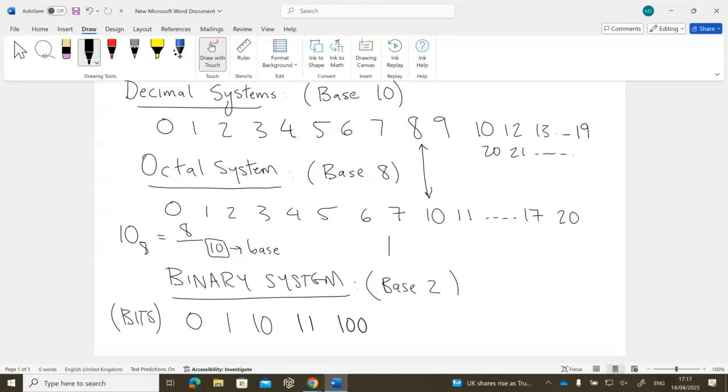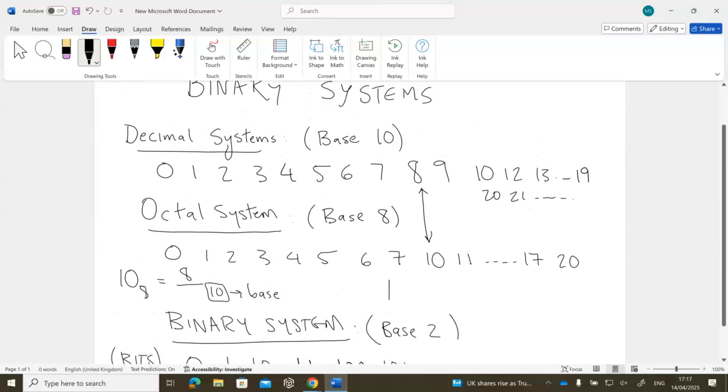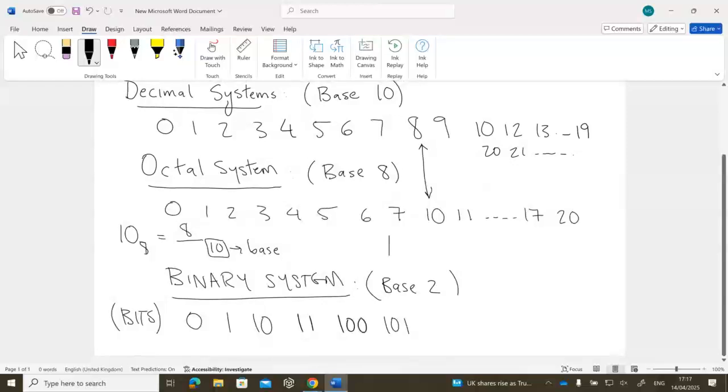So take 10 and attach 0, take 10 and attach 1. So the next one should be 110. Very good. 111.